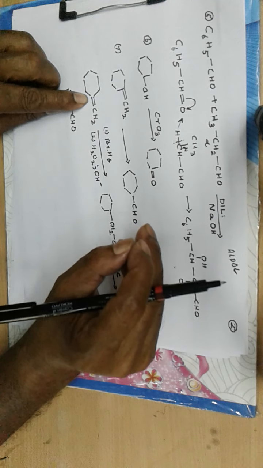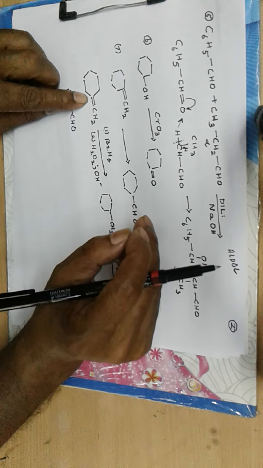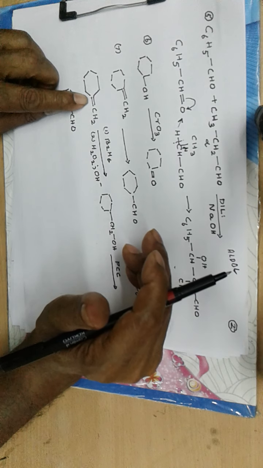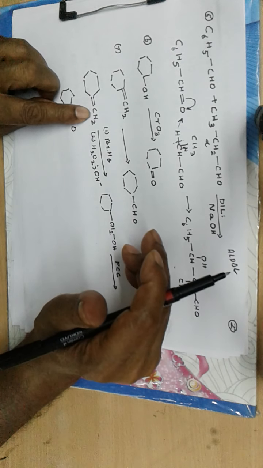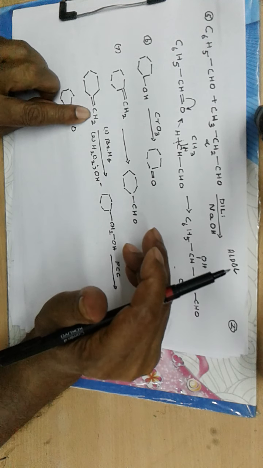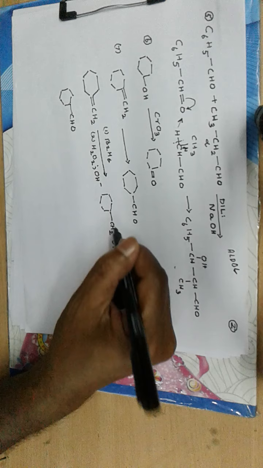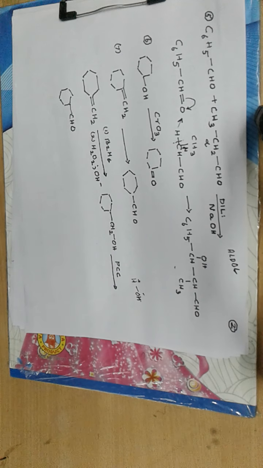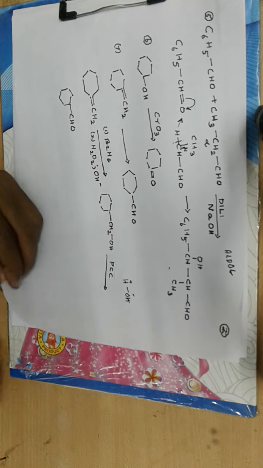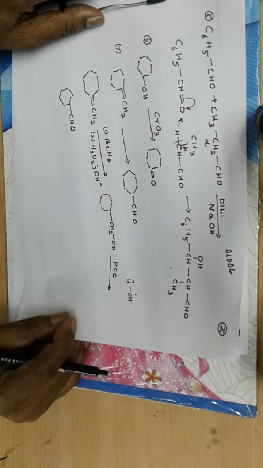But anti-Markovnikov's rule says that the negative part of the addendum goes to the unsaturated carbon connected to the largest number of such atoms. So we get a primary alcoholic group, which on oxidation using pyridinium chlorochromate gives the aldehyde group. So that is one method of conversion of double bond CH2 to CHO, which is a peculiar reaction.